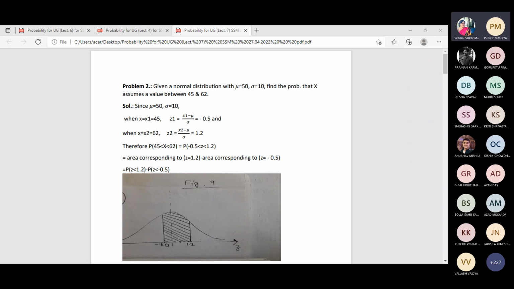So this area is specified. 45% means 0.45. Then you have to find the value of X for which the area to the left of the ordinate will be 0.45.